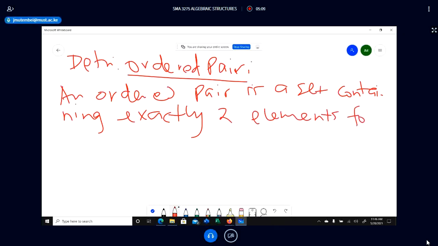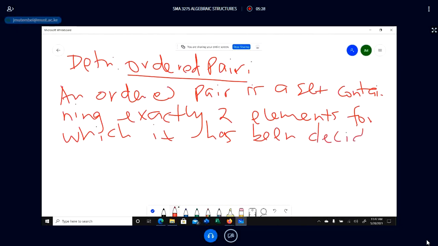for which it has been decided which is the first in the pair and which is the second in the pair.